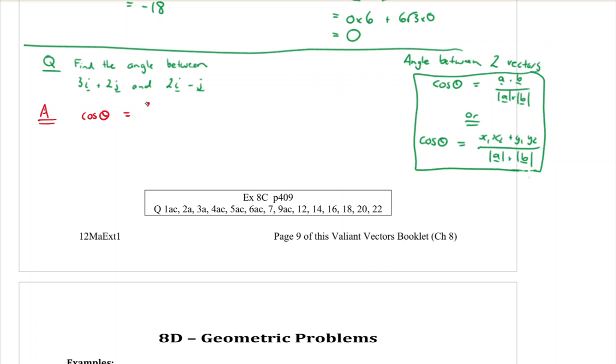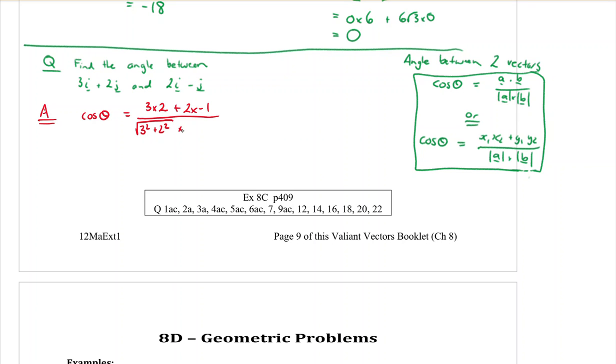So I'm going to go 3 times 2 plus, now I multiply the y values, which is 2 times -1, over, now I need the length of A. Remember you're using Pythagoras' theorem, and I'm assuming A is my first vector, so it's going to be 3 squared plus 2 squared. Does that make sense?